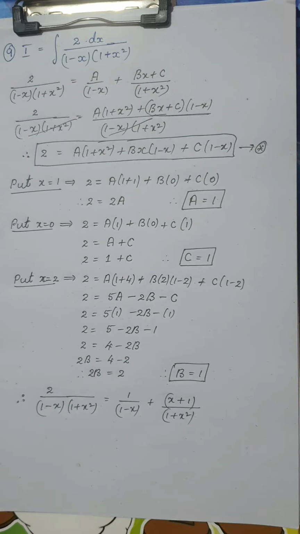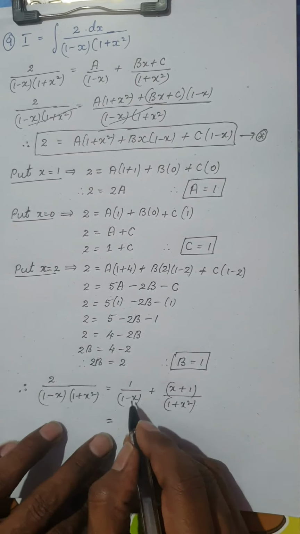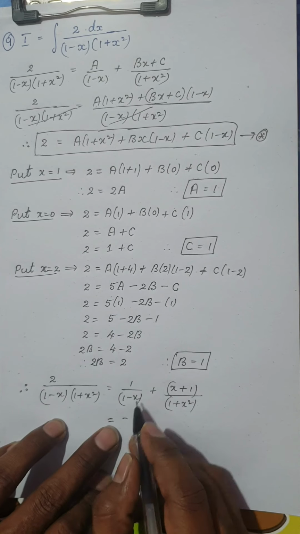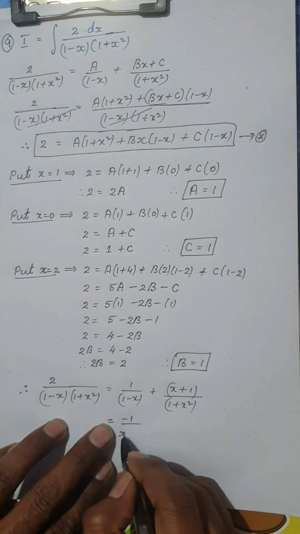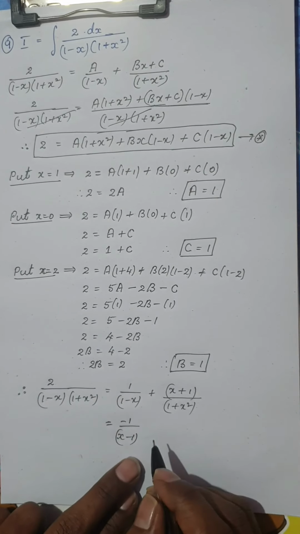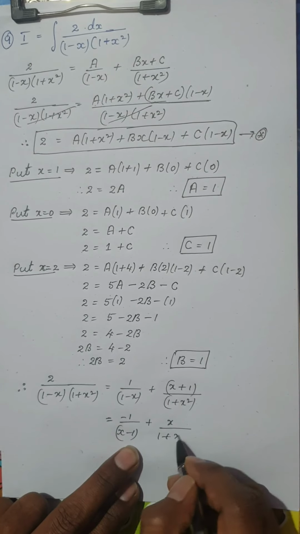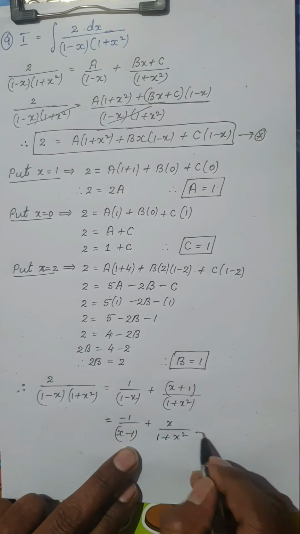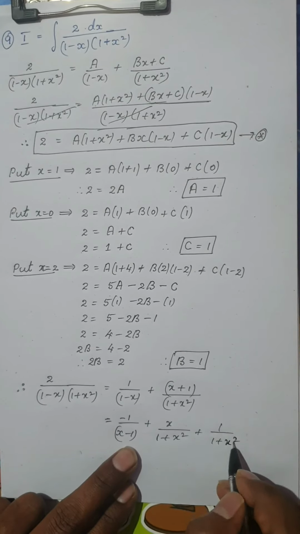Is it clear? Now I'm going to make a small change here. Instead of writing 1 minus x, I'll take a minus outside, so this becomes x minus 1. So it is minus 1 divided by x minus 1 plus, splitting the denominator, x divided by 1 plus x square plus 1 divided by 1 plus x square.